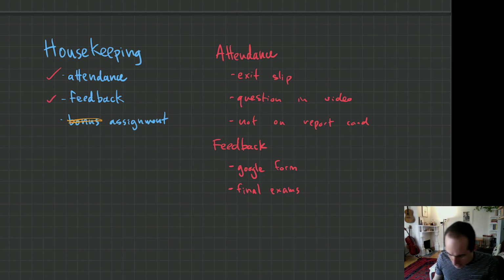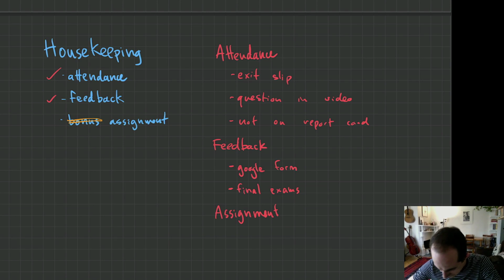And finally, the assignment. So you may have noticed that on Google Classroom I posted a new assignment. It is on sequences and series.